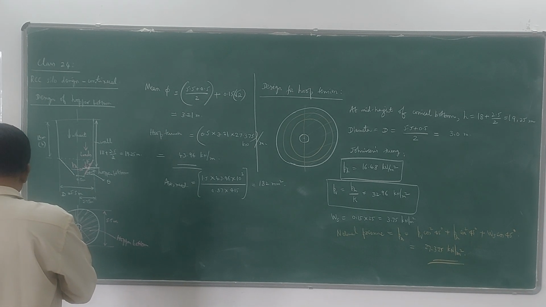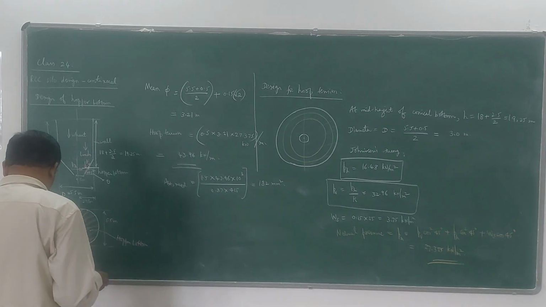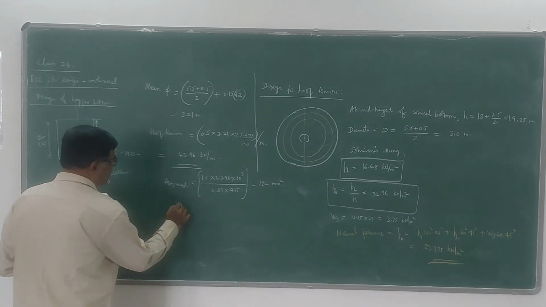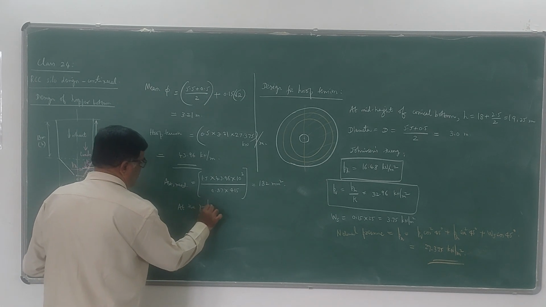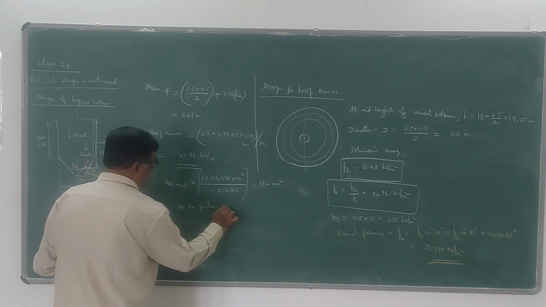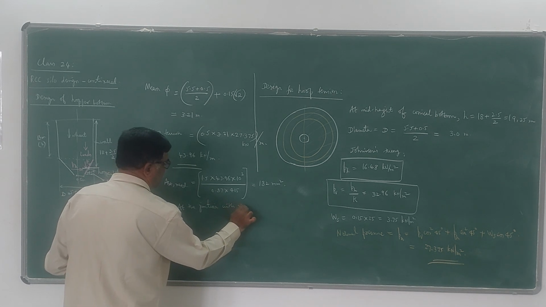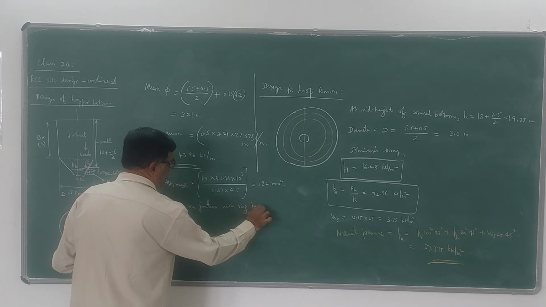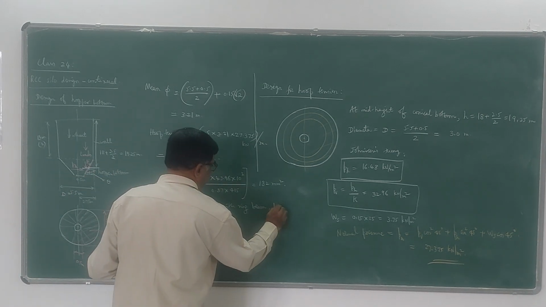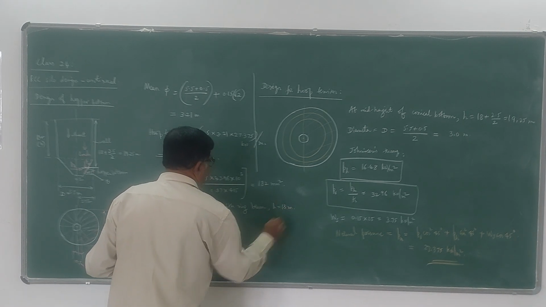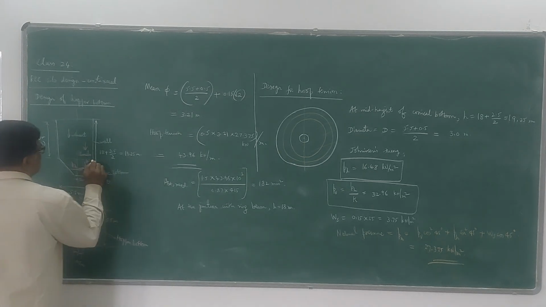Now at the junction with ring beam, H is 18 meters. So this is at the junction here.